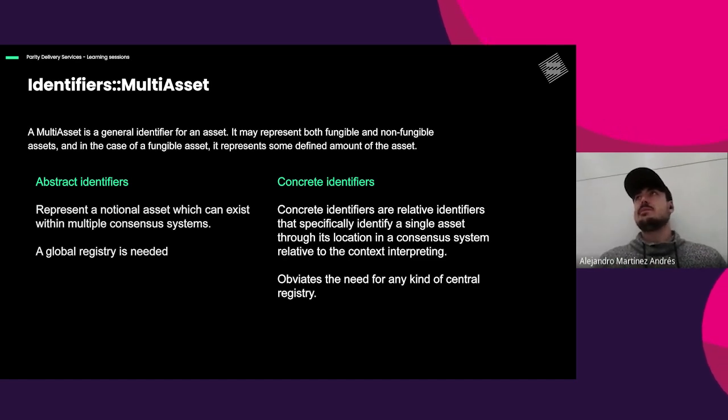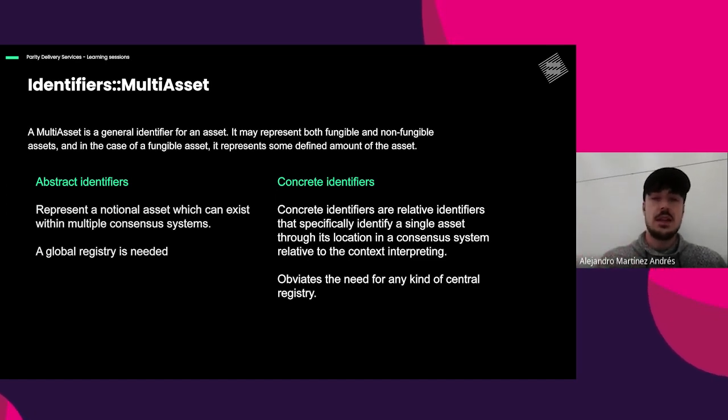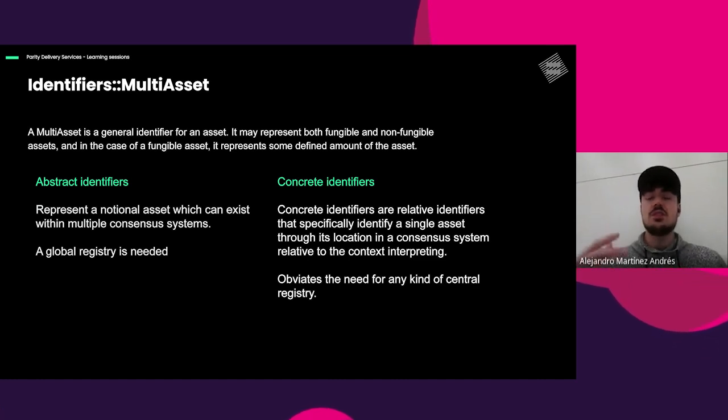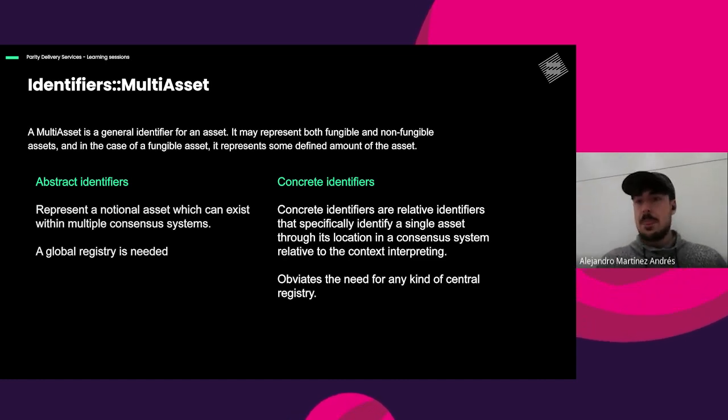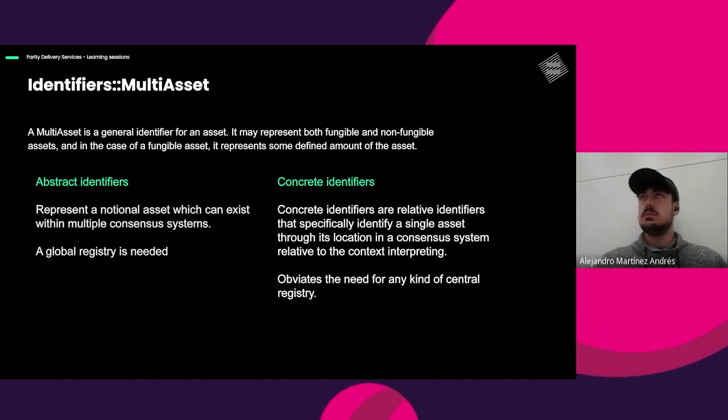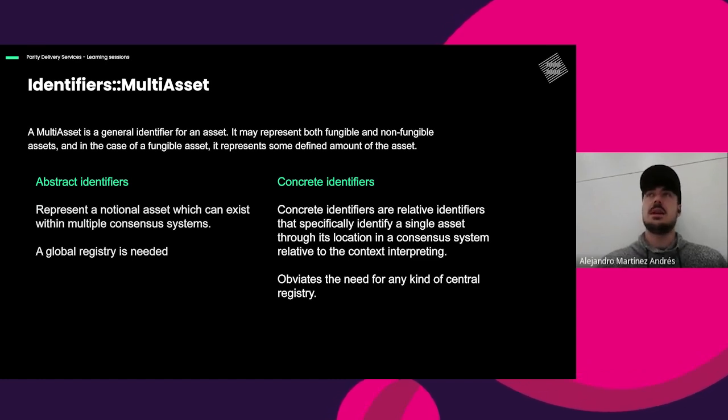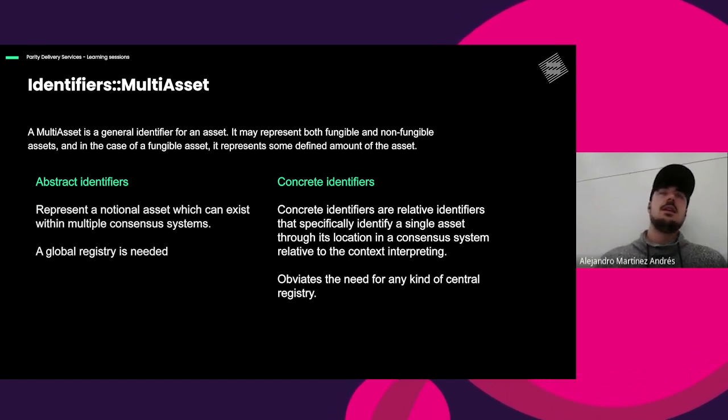But this brings one little concern. I don't know if I should call it a concern, but there is the need of a global registry for creating a consensus around the naming of these global identifiers for specific assets, right? As we could perfectly give different names for the same asset from different places.